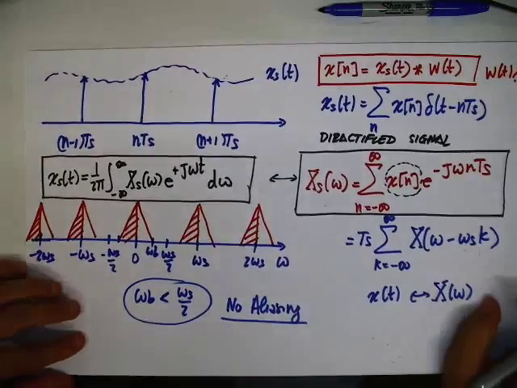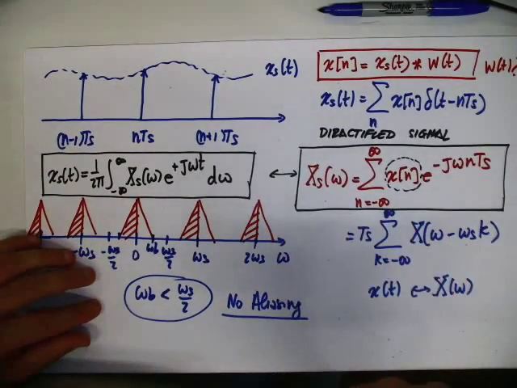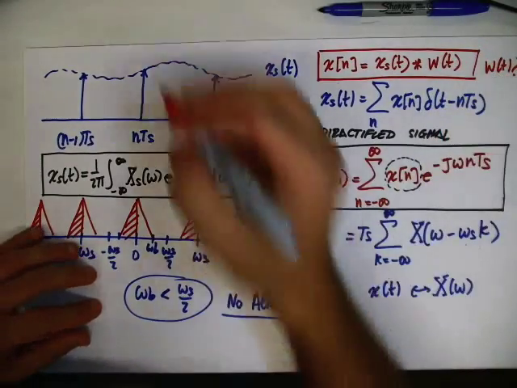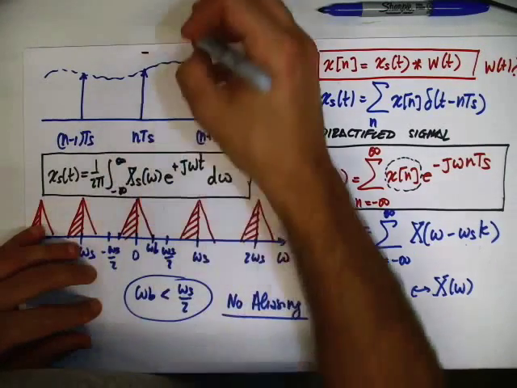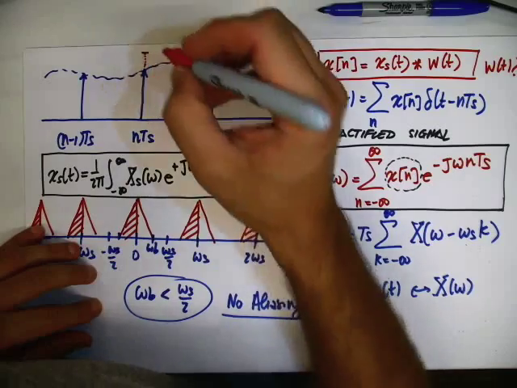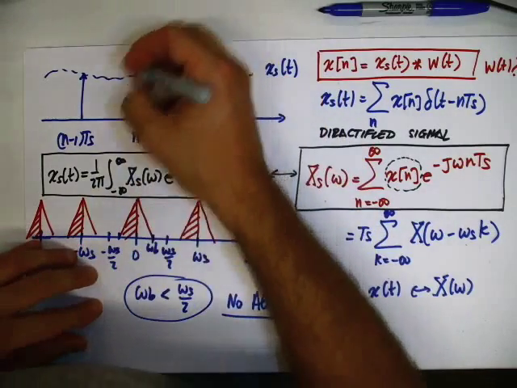Okay. Well, it's pretty straightforward to realize that as long as I have a window that is 1 at nTs.